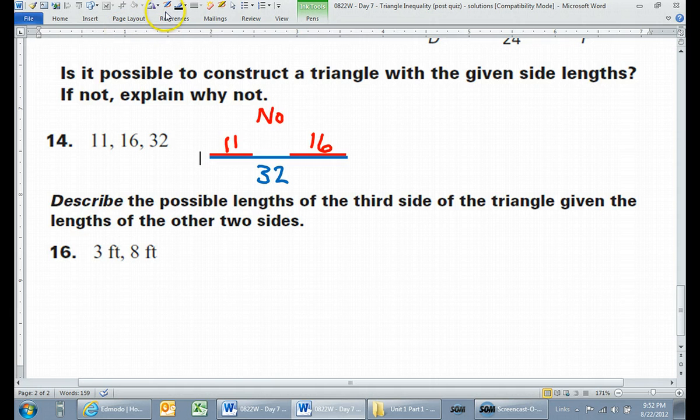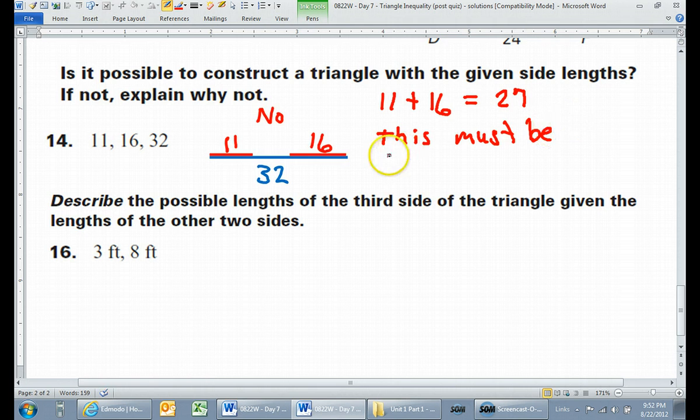Okay, so as far as an explanation for the no, you can say 11 plus 16 equals 27. This must be greater than 32 to form a triangle.